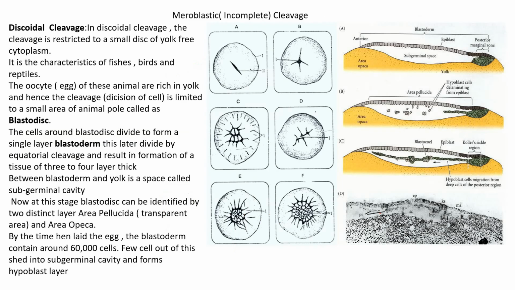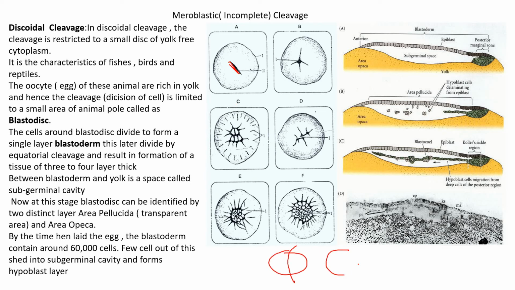In the meroblastic, that is incomplete cleavage, what we are going to see is that the cleavage takes place only on the disc, and the complete cleavage does not take place. That means the egg is not divided completely.